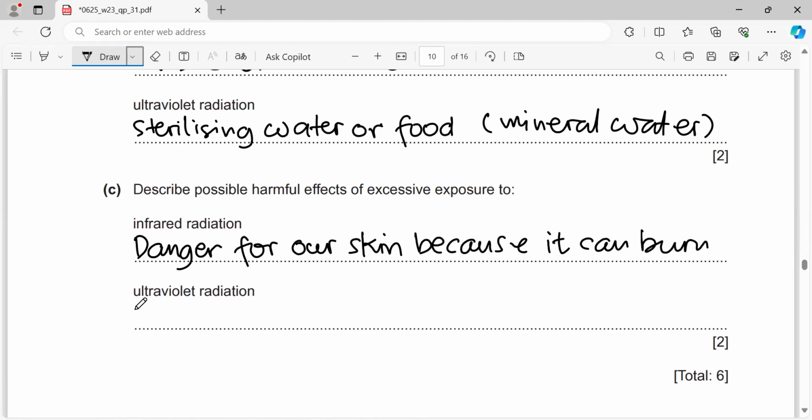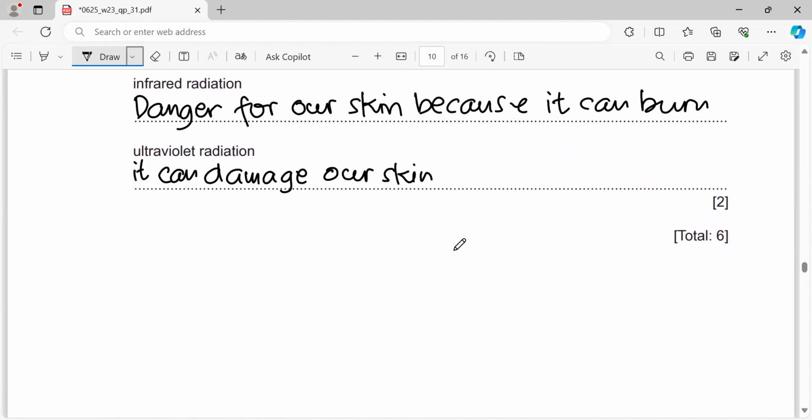Ultraviolet can damage our skin as well, and is implicated in skin cancer.